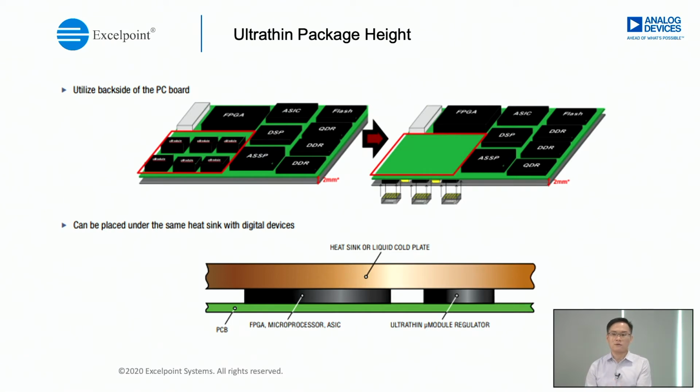So it can help you to reduce your PCB area and make your system much more compact. Not only this, it can make your thermal management much simpler by sharing the same heatsink with your microprocessor as shown here. For example, this is the microprocessor and this is the ultra thin package µModule. They can share the same heatsink.